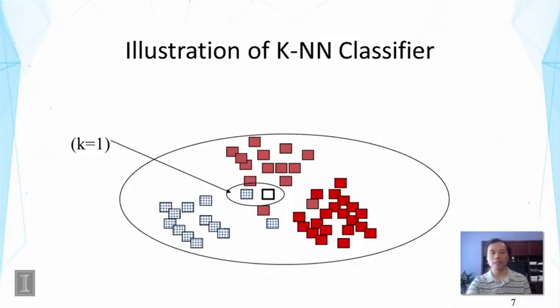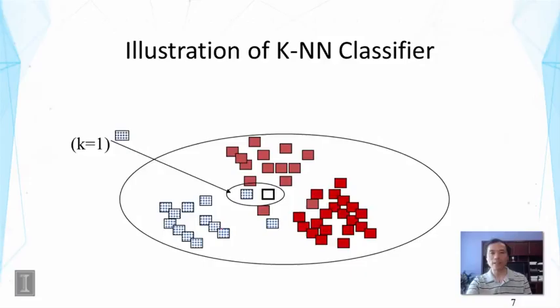Now in this case, let's assume the closest neighbor is the box filled with diamonds. Then, since this object is in the category of diamonds, we're going to assign the same category to our text object.